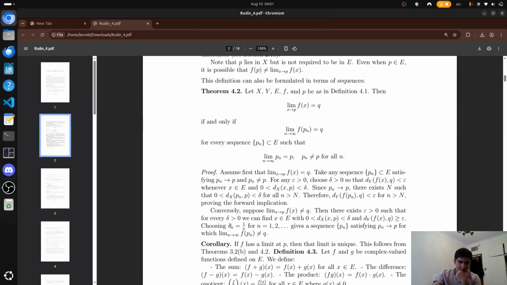Choosing delta n equals 1 over n for n equals 1, 2 to infinity gives a sequence Pn satisfying Pn goes to P, for which the limit as n goes to infinity of f of P of n is not equal to Q. Just to make sure over here.